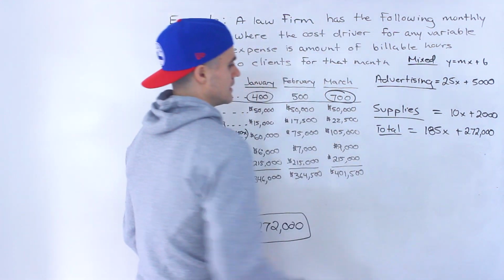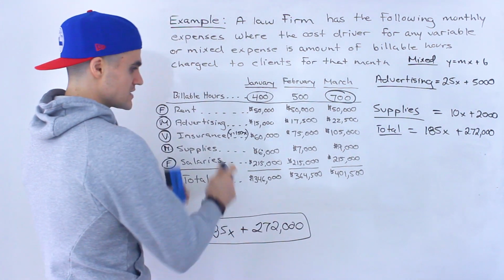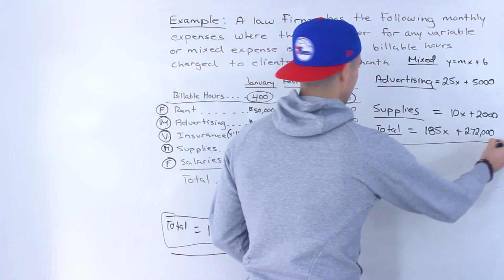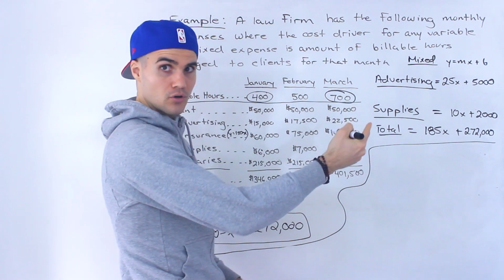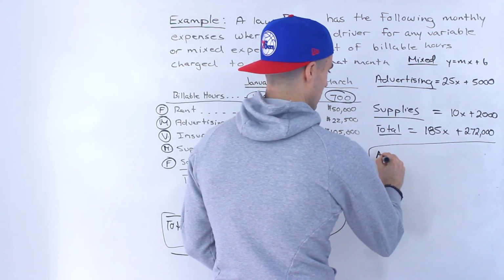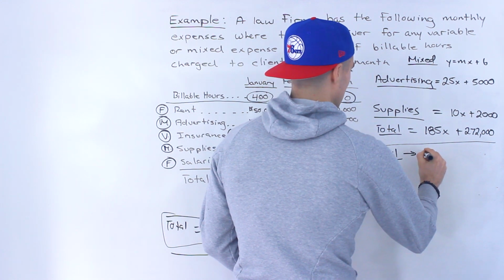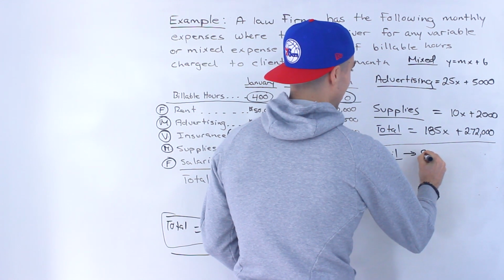Okay, so now the last question. What they said was that this firm here, let's kind of split this up here, is now expecting that in April, the billable hours is going to be 800.